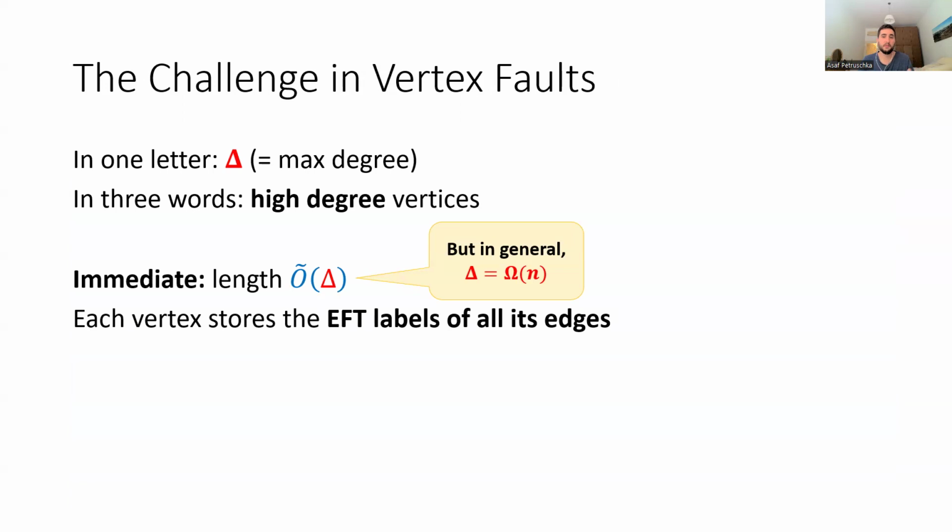And one way to see this is trying to use the short labels we have for faulty edges in order to also support faulty vertices. In this manner, we can immediately get labels with length which is roughly delta, because every vertex can store the labels of all its incident edges. But the problem, of course, is that high degree vertices now need to store many edge labels and their own label becomes too large. So this is one way.